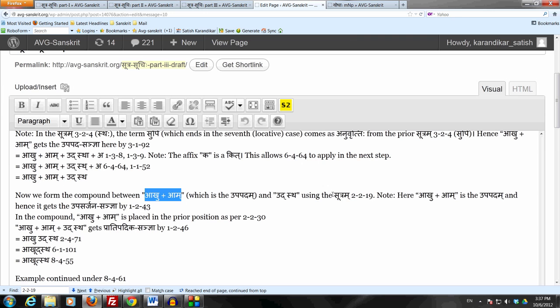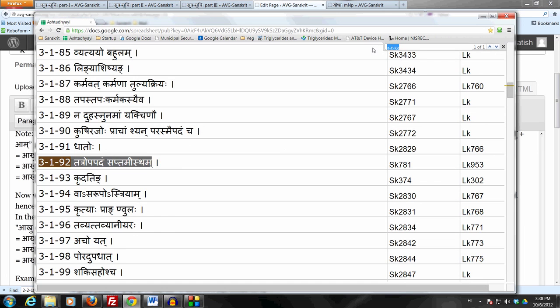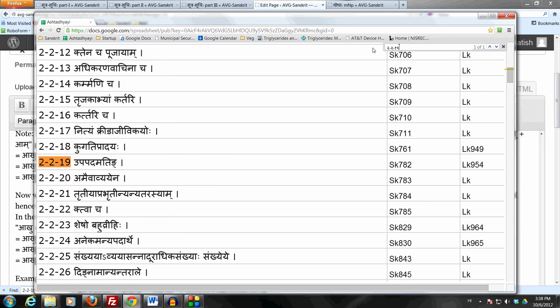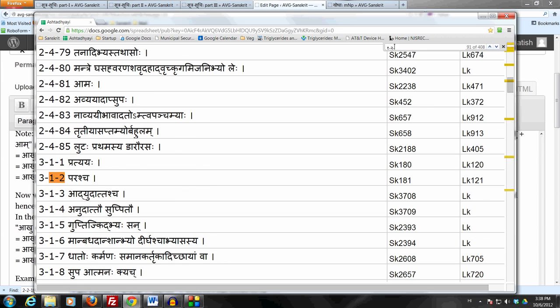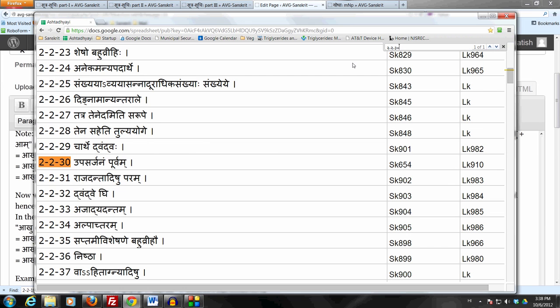In this case akhu am may compound with a related term, which here is the kridantam ud stha, and because upapadam is ending in the prathama vibhakti in the sutram upapadam atinga, this akhu am, the upapadam here, gets the upasarjana sanjna by prathamanirdishtam samasa upasarjanam 1-2-43, and then by 2-2-30, upasarjanam purvam, this akhu am is placed as the prior member of the compound. So we get akhu am ud stha.